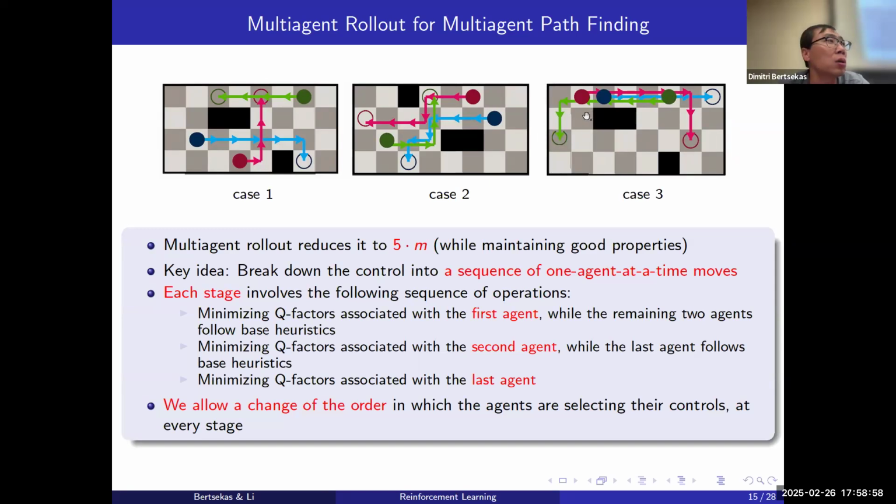Now suppose in the rollout calculation the order is this one first, this one second, and this one third, then it may not be possible to avoid collision. Whereas if you try this one first, then in the first step, this agent is going to realize that by making space and going this way, it can leave the free space for agent 2 and 3. So obviously in this case, order matters. And that's what we're going to show next.